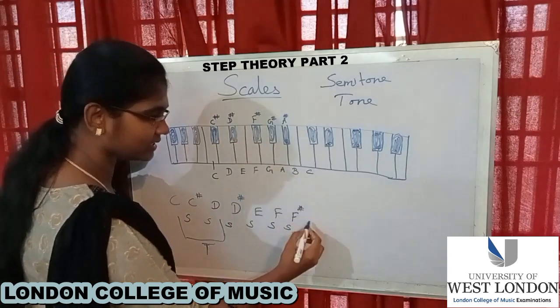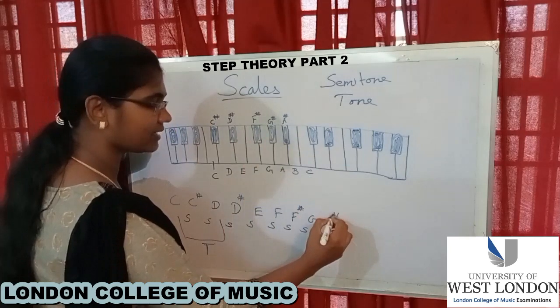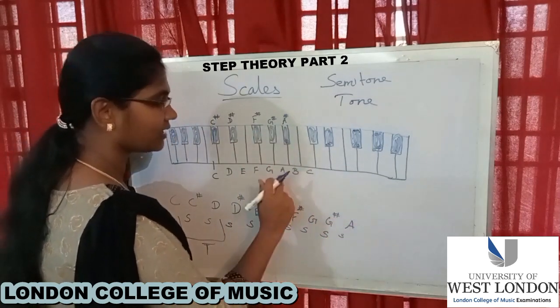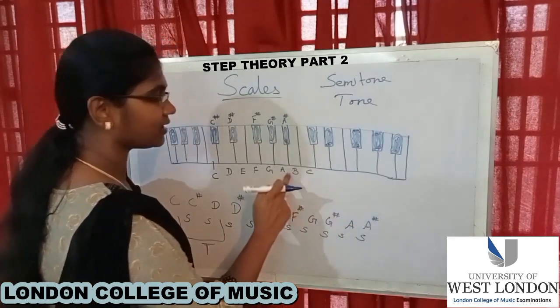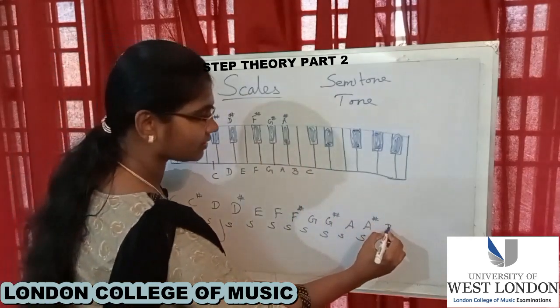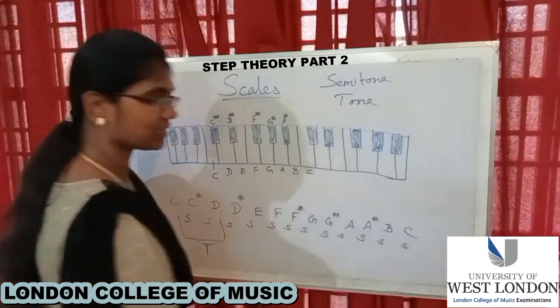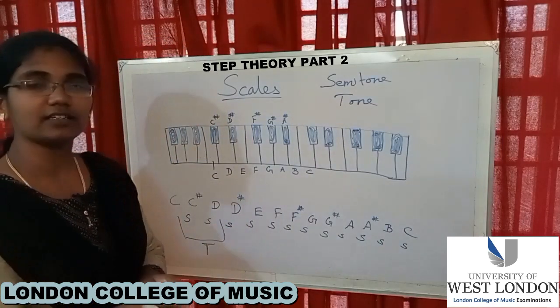F sharp and G is in semitone. G and G sharp is in semitone. G sharp and A is in semitone. A and A sharp is in semitone. And then A sharp and B, that is in semitone. B and C, that is also in semitone. Have you all clear? Semitone and tone gap.